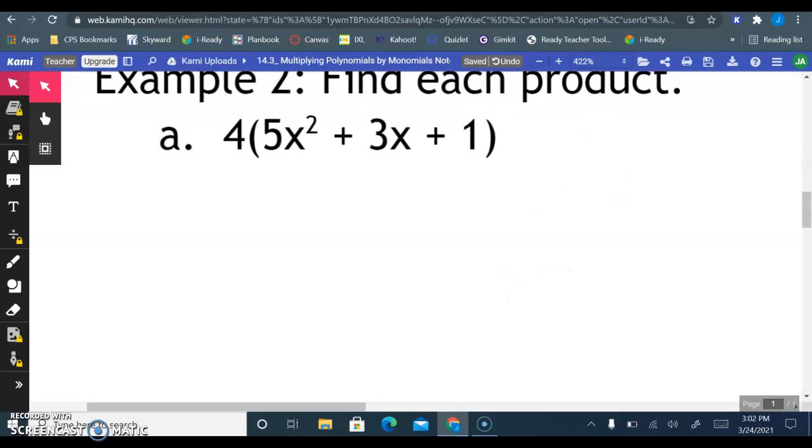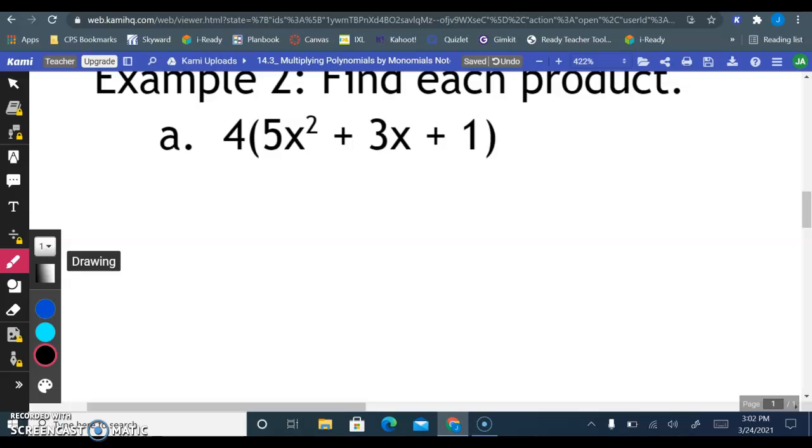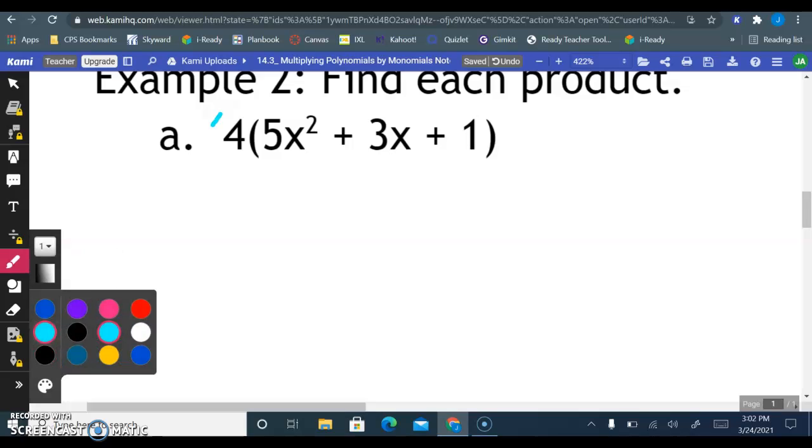Then when we have a monomial with a trinomial, we have to really distribute. So 4 times 5x squared. So 4 times 5 is 20. And then x squared is the only thing to multiply the x by. There's nothing else to multiply, so we just bring that down. Then we do 4 times 3x.